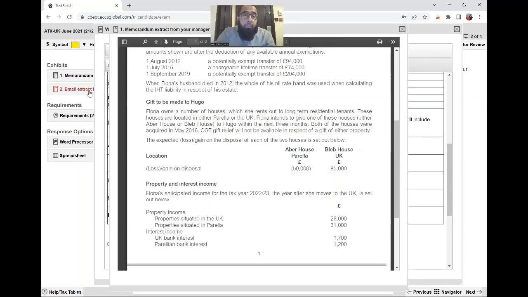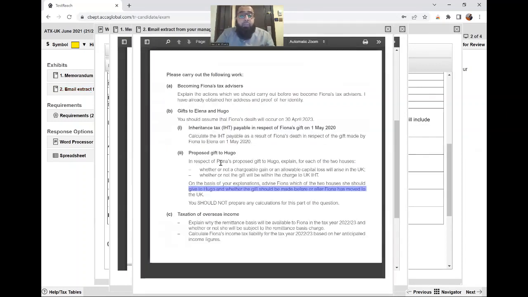Now, what we have to comment on: if you look at the email, it says, in respect of Fiona's proposed gift to Hugo, explain for each of the two houses whether or not a chargeable gain or allowable loss will arise in the UK. First of all, we have to comment on gain or loss, whether it will be assessed in the UK.